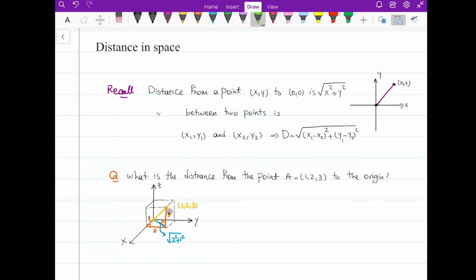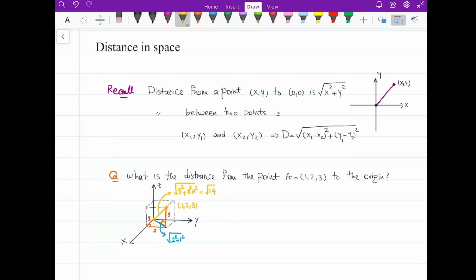Therefore, in the first right triangle, I know this length and I know that length, so I get square root of 3 squared plus this side squared, which would be 2 squared plus 1 squared. Which would be 9 plus 4 plus 1, square root of 14.